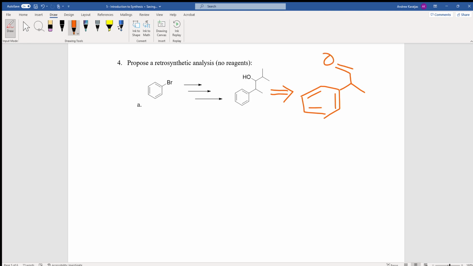So if I had this aldehyde, I could add a Grignard to that. That would add those last three carbons, the isopropyl group, and then would leave me with an alcohol. But as we can see, we're going to also need to add three more carbons.